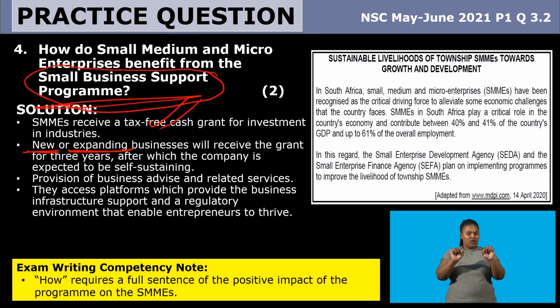Number 3, provision. They also benefit from the provision of business advice and related services. Lastly, they access platforms which provide the business infrastructure support and a regulatory environment that enable entrepreneurs to thrive.